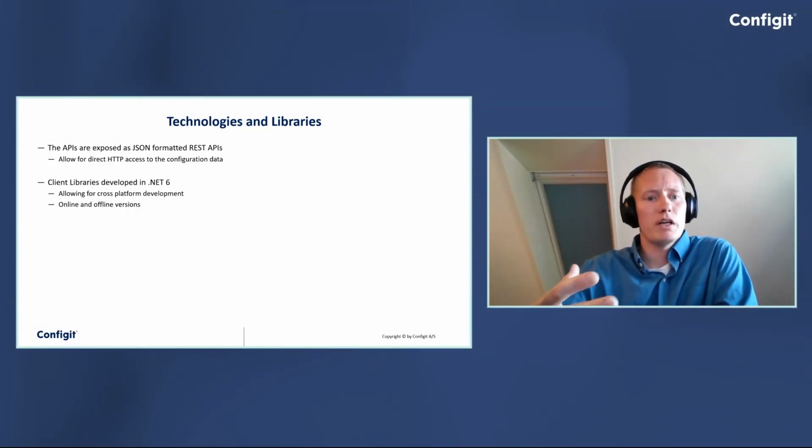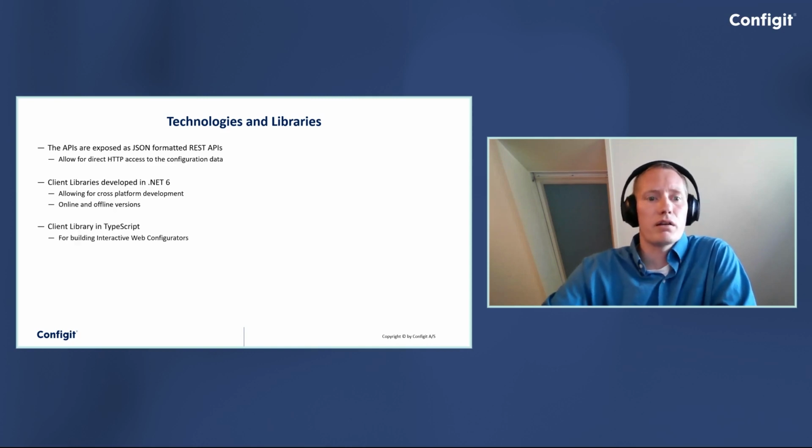The client libraries give you, besides of course a very easy way of hooking up to the ACE Configure APIs, a number of extension methods that make it easier to work and interact with both the requests and the responses that are going across to ACE Configure, thereby making it simpler to build your application. The client libraries also come in both an online and offline version. And as I said, they are based on .NET 6, so it allows you to do cross-platform development, for instance, on iOS and Android as well.